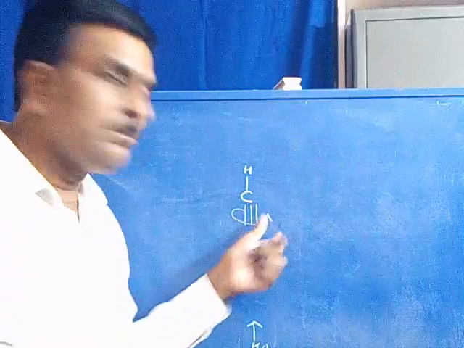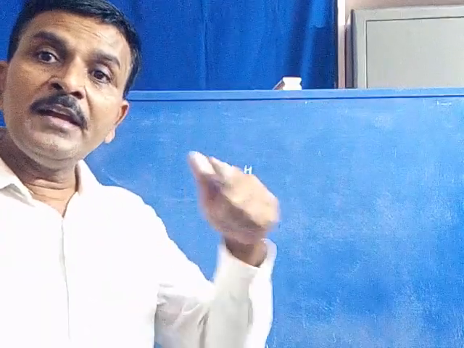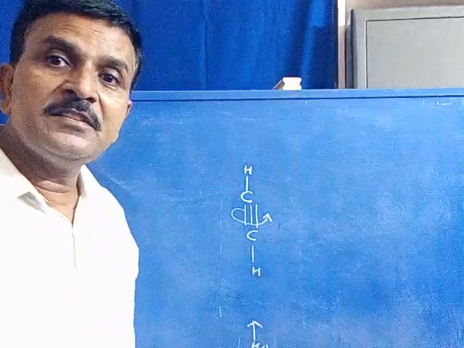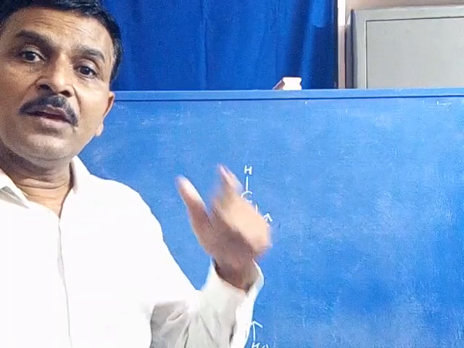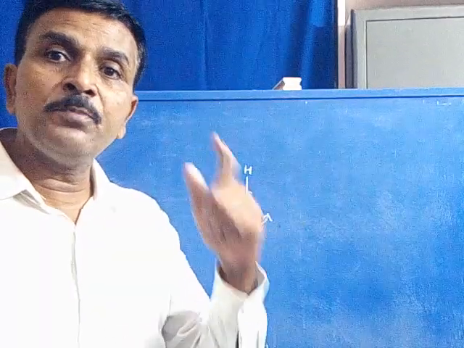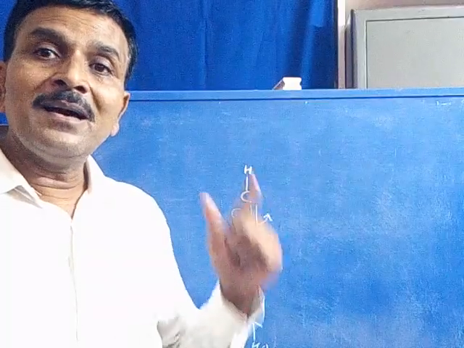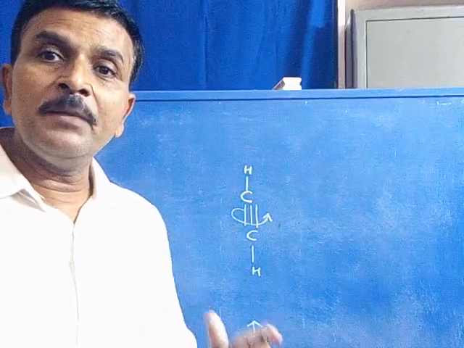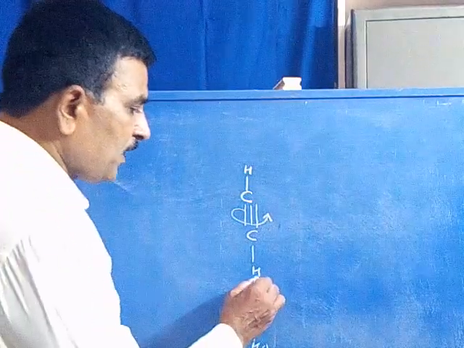This circulating pi electron cloud is about 90 degrees with respect to the direction of the external magnetic field, exactly perpendicular to it, and causes the production of a secondary magnetic field from the center of the vertical axis.